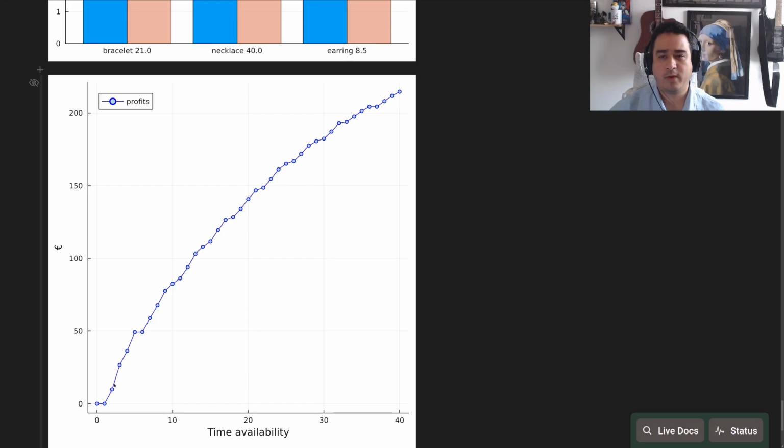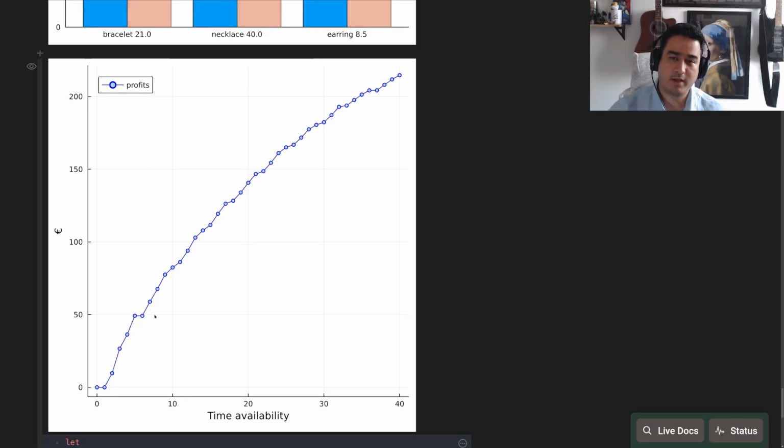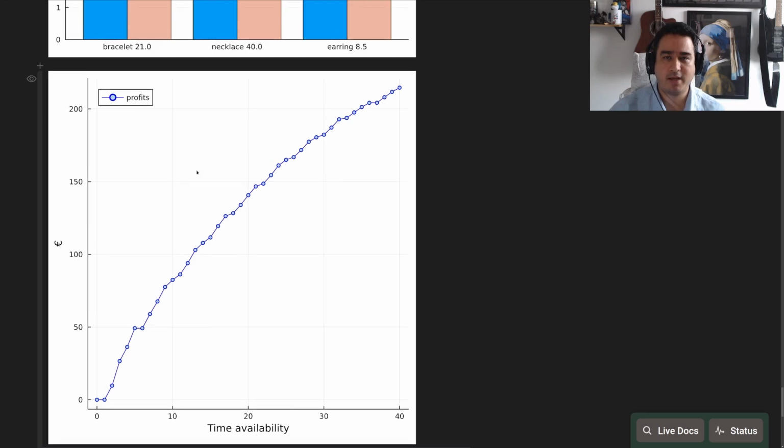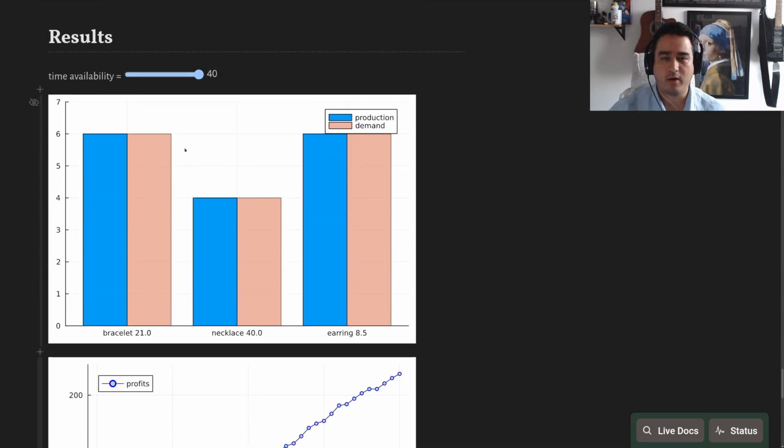Much more nuanced, much more interesting to see, and it kind of looks quadratic a little bit. If you smooth it a little bit, it looks much more quadratic. You can see that it's kind of stabilizing, it's decreasing, you have some diminishing returns. So every increase, let's say you can work 2 hours more, or 2.5 hours more, and build another bracelet.